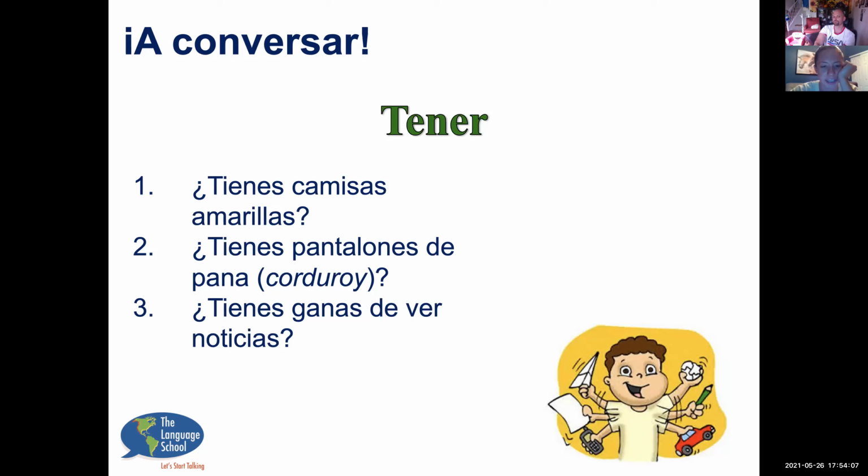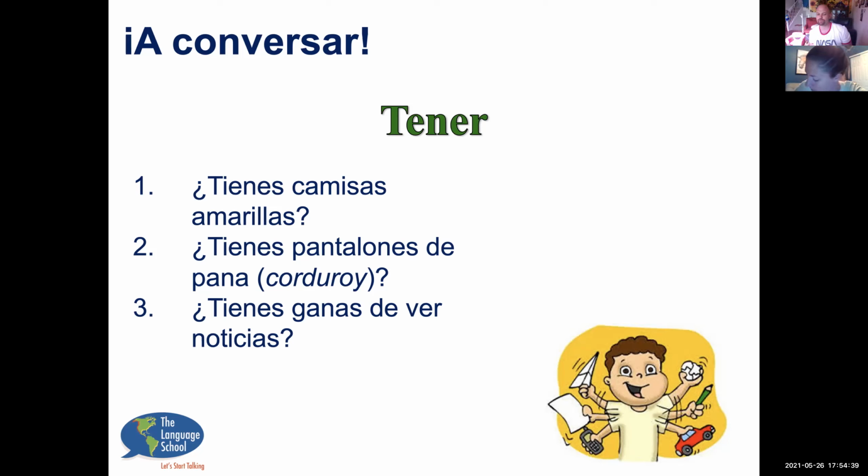¿Qué significa that? The expression tener ganas de. So are you watching the news? So this is a good one. This is a very good Spanish colloquialism for you, like a modismo. Tener ganas de means to feel like doing something. So when I ask you this question, ¿tienes ganas de ver noticias?